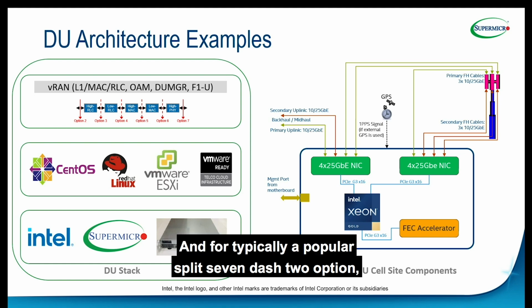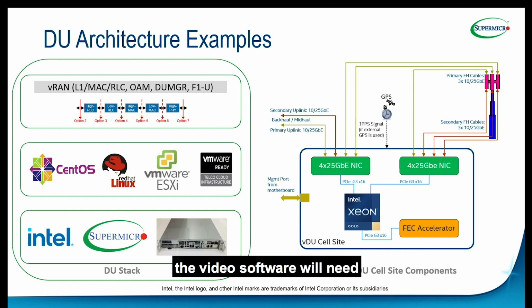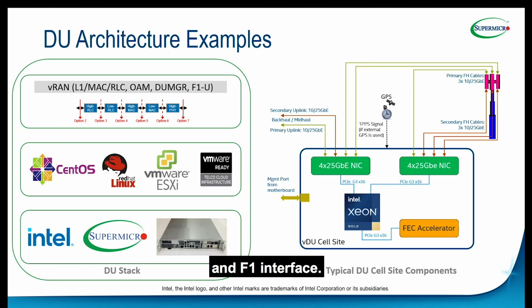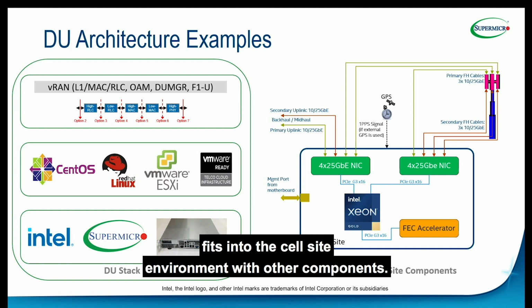And for typically a popular split 7-2 option, the vDU software will need to cover layer 1, MAC, RLC functions, in addition also management functions and the F1 interface. On the right-hand side is how the DU fits into the cell site environment with other components.